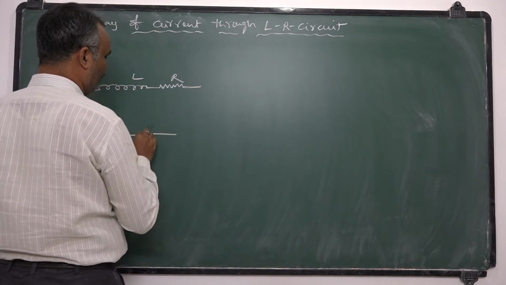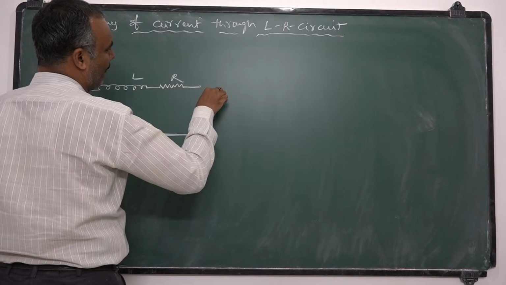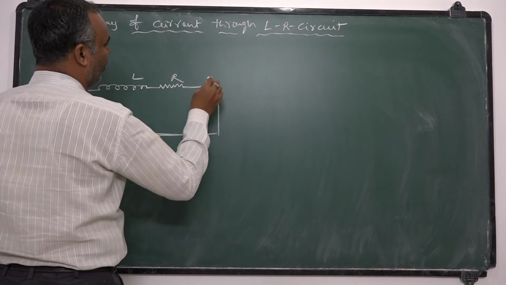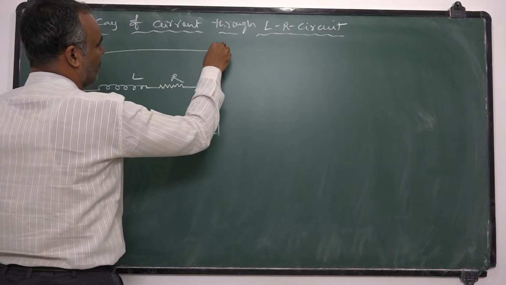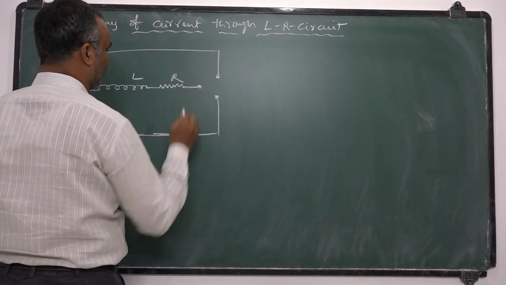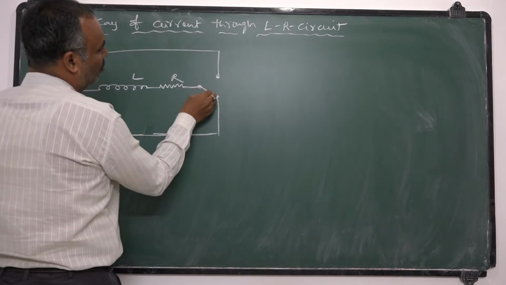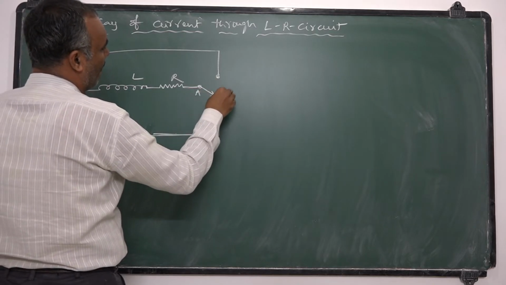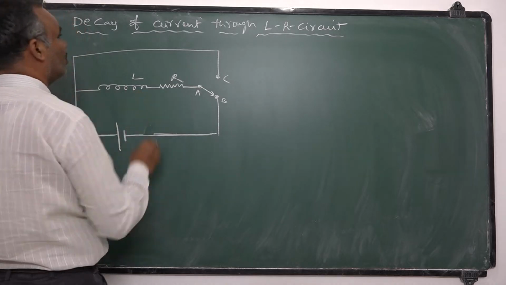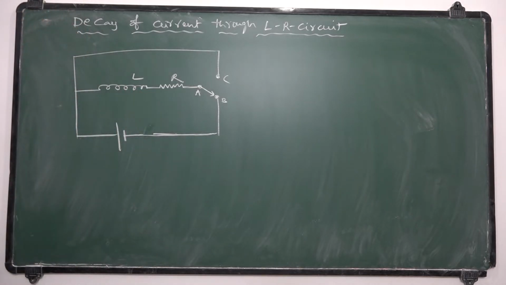I am just modifying the nature of the circuit. So if I attach like this, the terminals are like this. This is a movable key. If it is connected to this terminal B, then the circuit is in the state of growth of current.